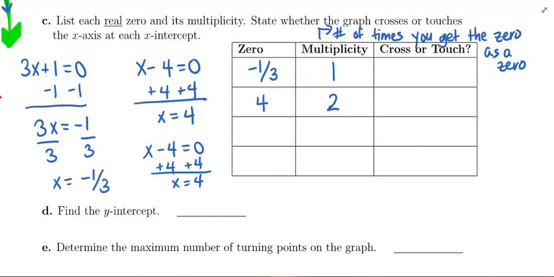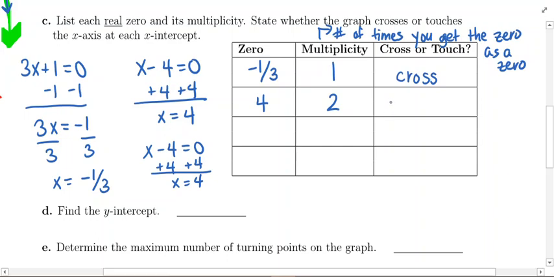Now based on the multiplicity, we can decide what's going to happen on the graph at each of these x-intercepts. The x-intercept negative 1/3 has multiplicity 1. That's an odd number, so that means the polynomial function is going to cross the x-axis at that 0. At x equals 4, it has an even multiplicity of 2.